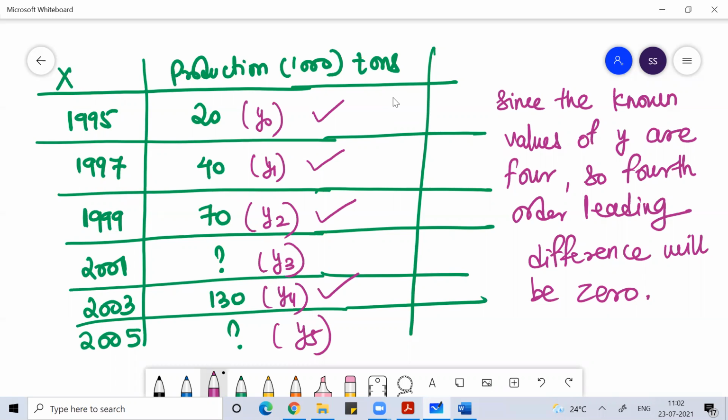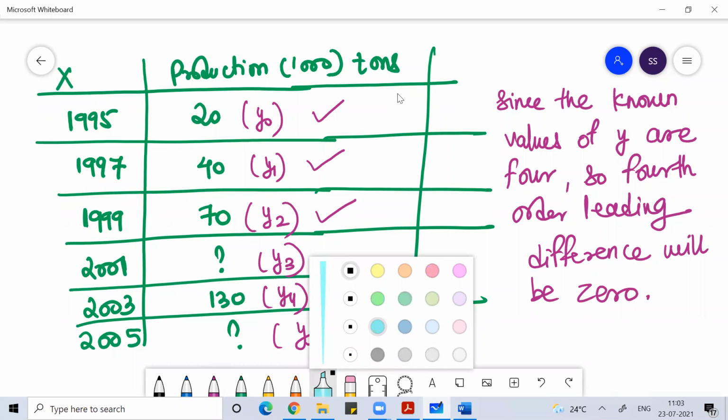Clear, everyone? This much, everyone clear? Anyone have any doubt? Okay, why did you write like this, sir? Since the known values of y are 4, what are the known values, sir?